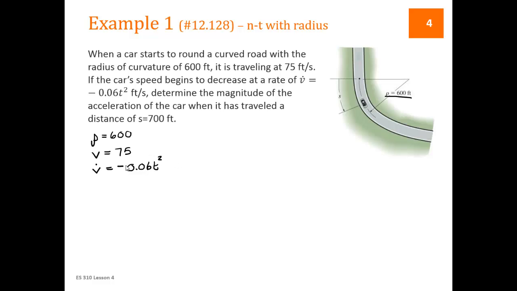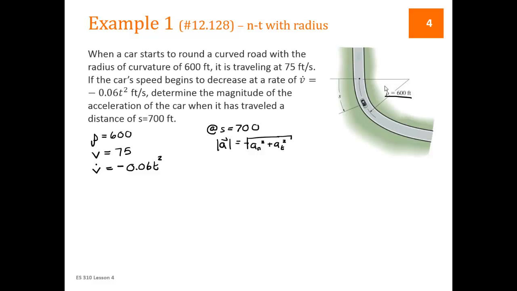We need to figure out what the magnitude of the acceleration of the car is when it's traveled s equal to 700. So at s equal to 700, what is the magnitude of the acceleration? It's going to be the square root of the normal squared plus the tangential squared.